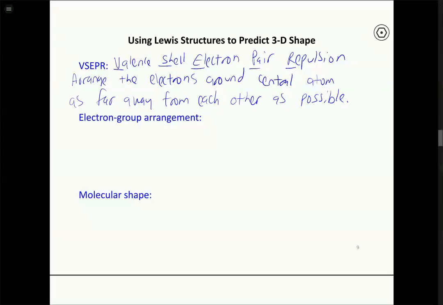Alright, and then there's two parameters that we can determine using VSEPR. Electron group arrangement is the 3D arrangement of all bonding and non-bonding electrons, and there's only really 5 of these that we have to worry about.